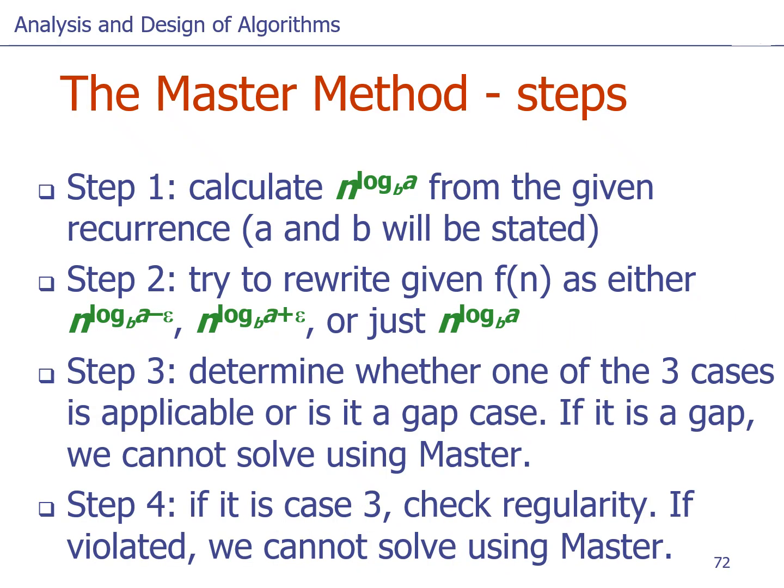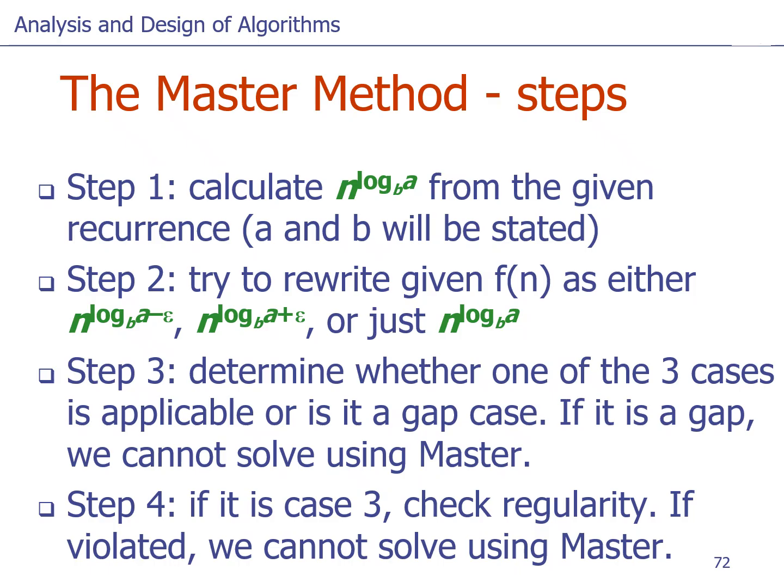Okay? Now, how do you apply all this? Let's look at the steps. First, you calculate what is n to the power of log a base b. How do you get it? Well, you have a and b from the recurrence, so obviously step 0 is to get the recurrence from the code. Or if it's given to you, then it's almost like plugging in a simple formula and doing the computation.